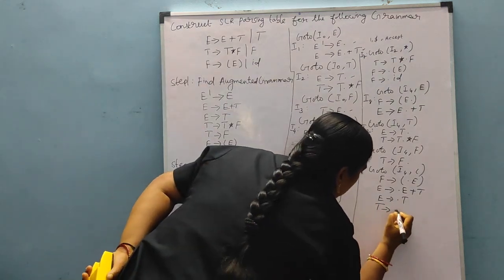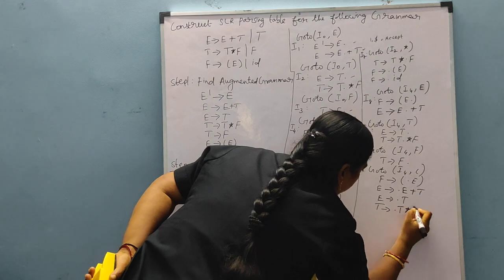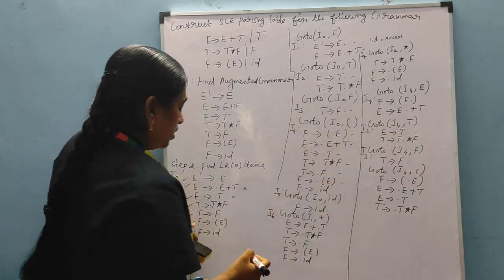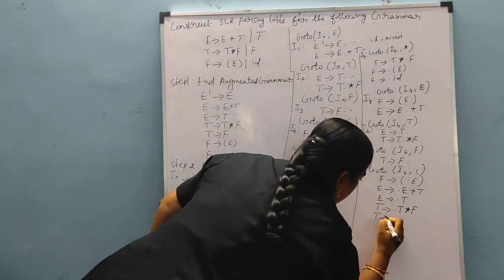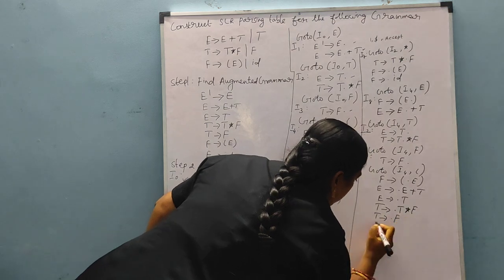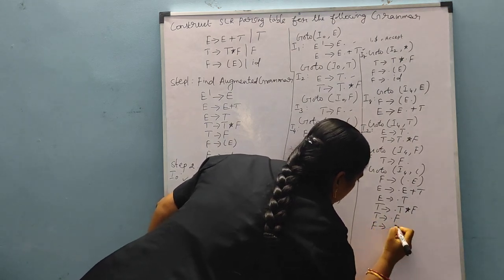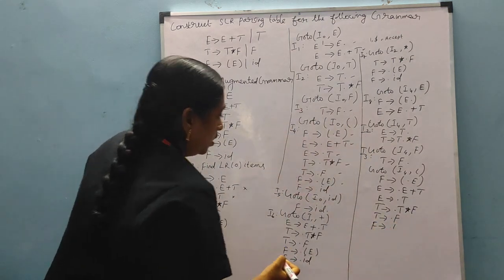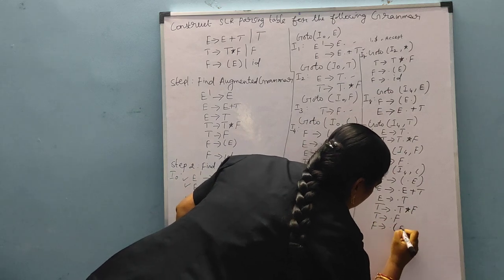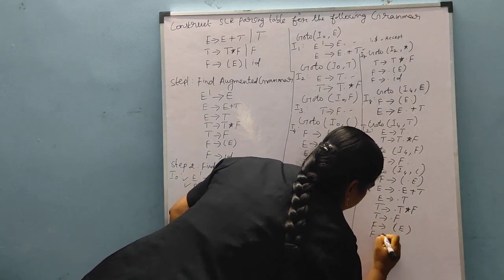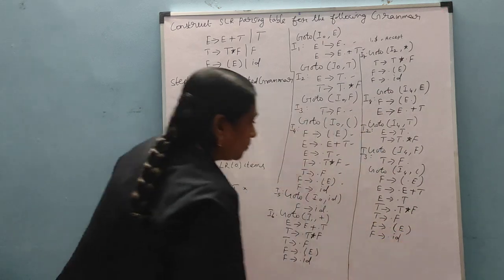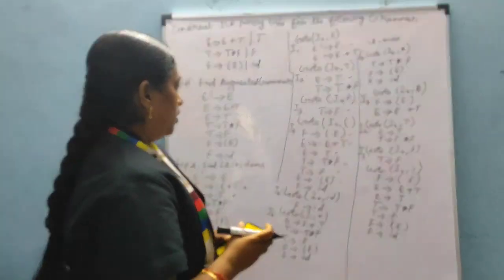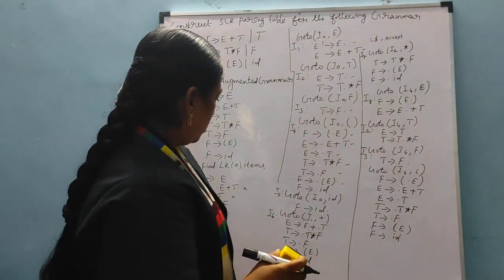T tends to dot T star F. Yes. Then T tends to dot F, and then F tends to dot E close bracket, then F tends to dot ID. Isn't it? Yes. Is it new or existing?